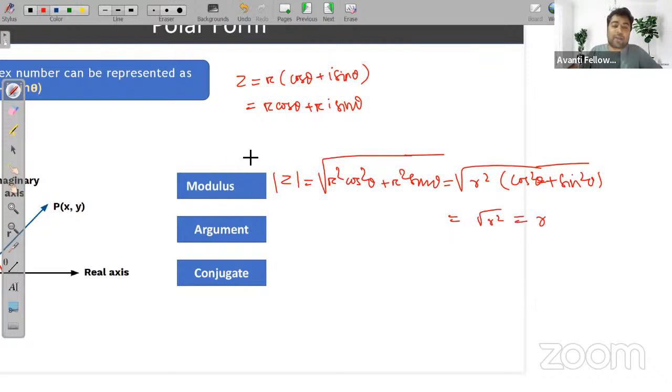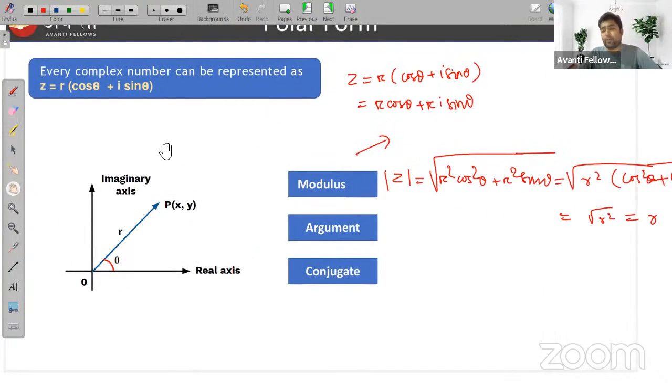So the modulus becomes r. If it is in polar form, you can see this is my modulus r. In r cos theta plus i sin theta, r is the modulus of that complex number. Clear?